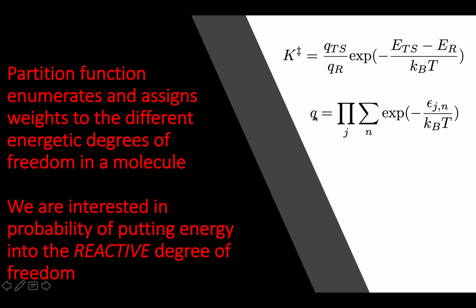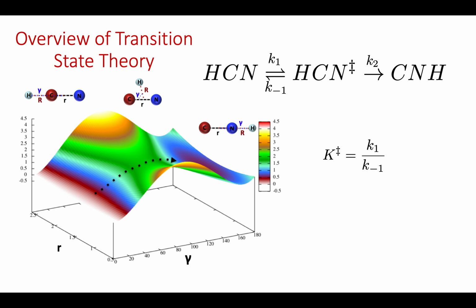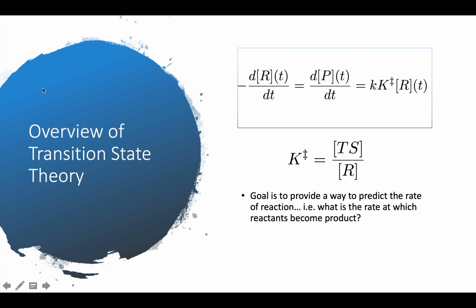So let me just skip back a few slides and mention that the vibrational degrees of freedom that we'll be talking about for our molecule are going to include the stretching of this H to center of mass distance, which we call R, the stretching of our CN distance, which we call little r, and the bending of this HCN bond, which we call gamma.